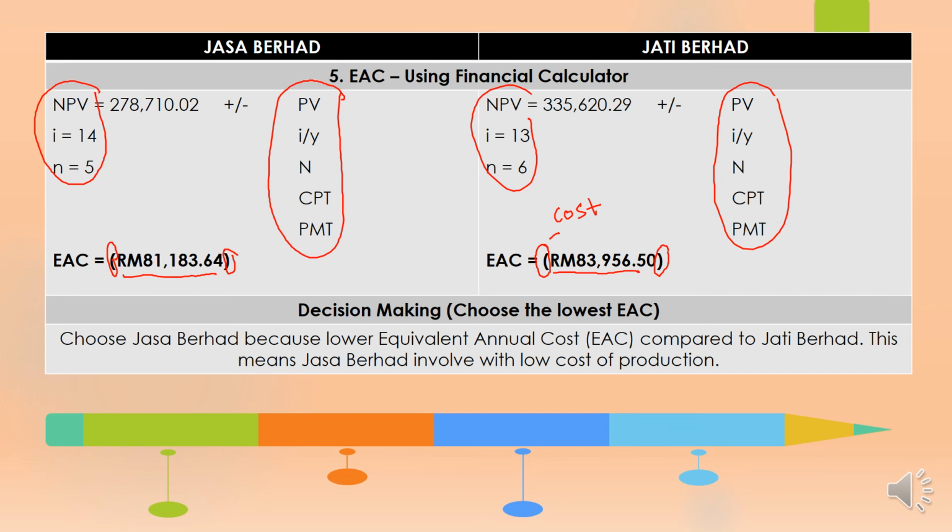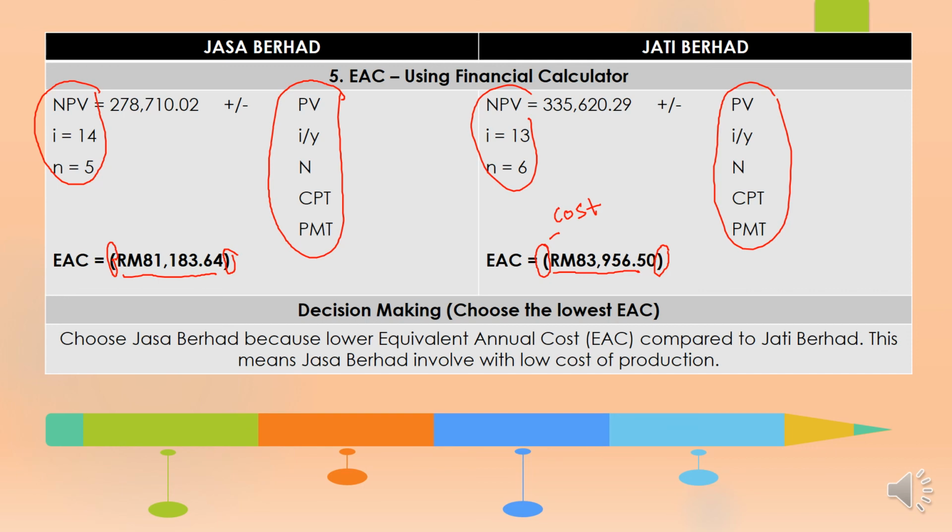And then after we calculate the EAC, for the last step you should come up with a decision, since the purpose of the calculation is decision making: to choose the best equipment for the company. So the decision should be based on the lowest EAC.